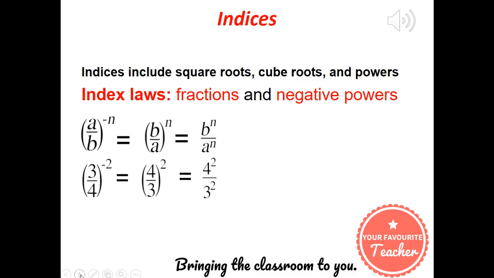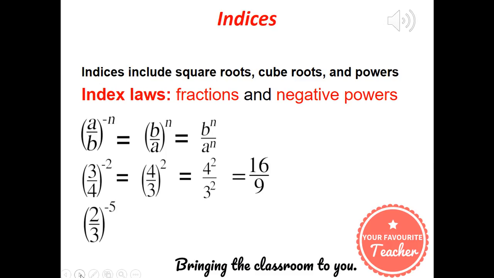Just remember what you need to do: first of all flip it and then expand it. I can evaluate that by saying, what is 4 squared? 4 squared is 16. What is 3 squared? It's 9. So if I'm asked to evaluate the original expression, 3 over 4 raised to the power minus 2, my answer would be 16 over 9.